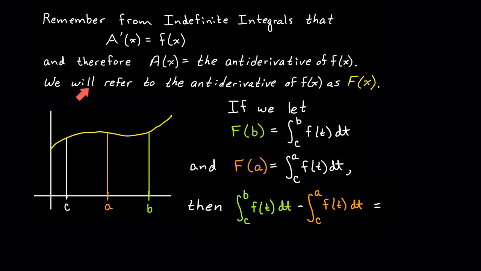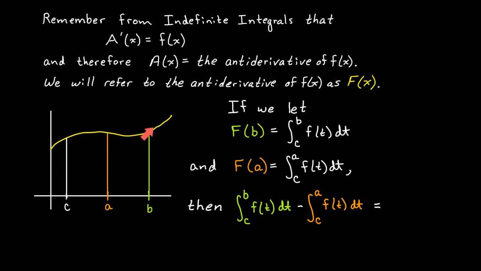And so we will refer to the antiderivative of f as capital F of x. So whenever you see this capital F, that's going to be referring to your antiderivative, evaluated at whatever value is given here. And so what we do is we've got this drawing or sketch over here.